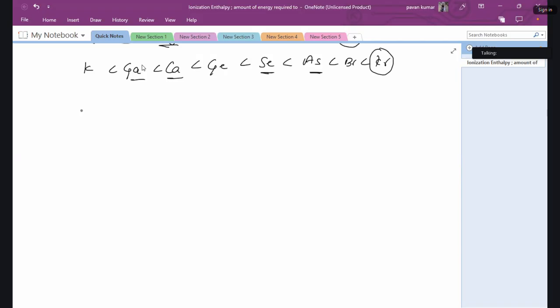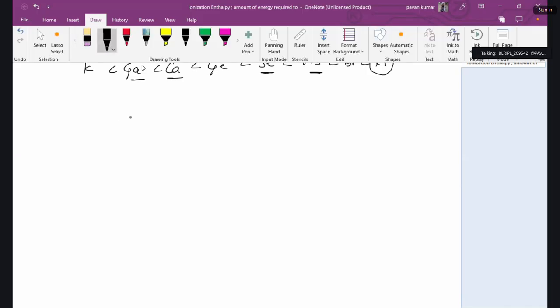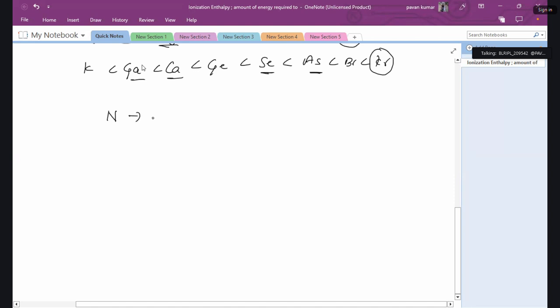Coming to the D block elements, if you consider. Okay, IE. Before going to the D block elements, I want to tell one important point, where the students will score marks. Suppose you take nitrogen; just now I said because of the half-filled electronic configuration, nitrogen has the highest ionization energy, right?